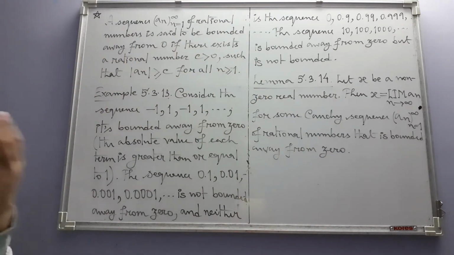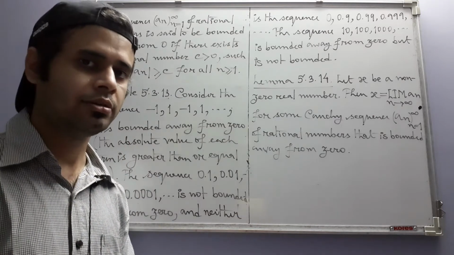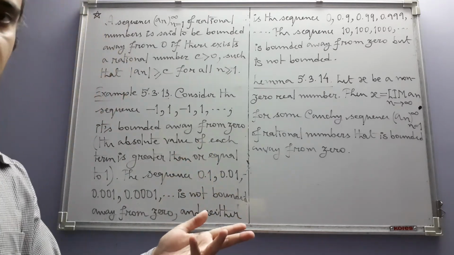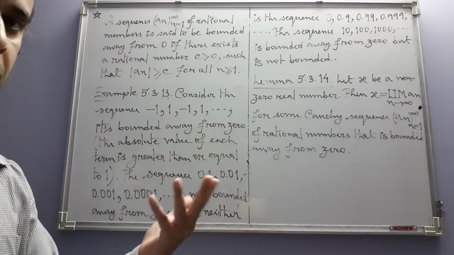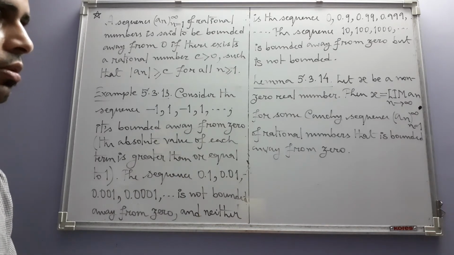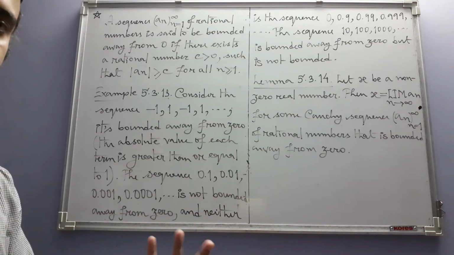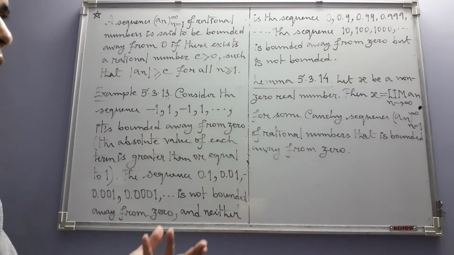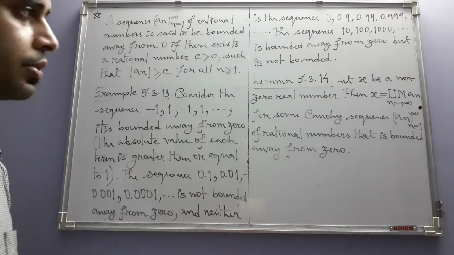So because x is a real number, we already know by definition of real numbers that it's the formal limit of some Cauchy sequence. However, that Cauchy sequence may not be bounded away from 0. It may even have 0 terms.